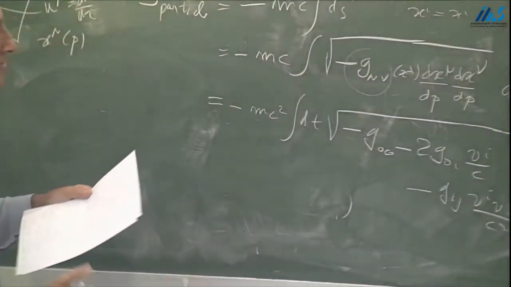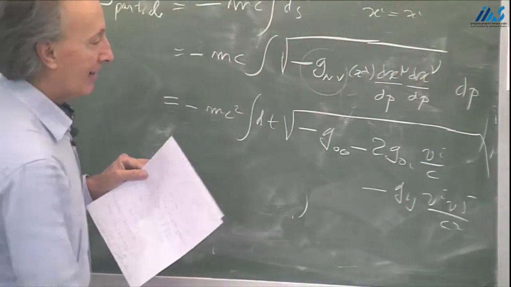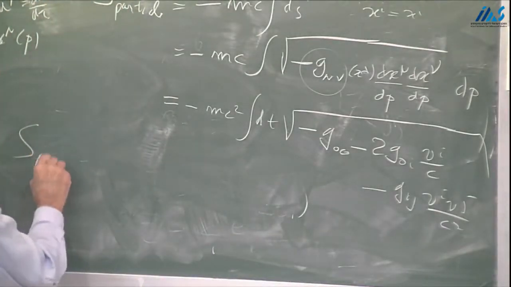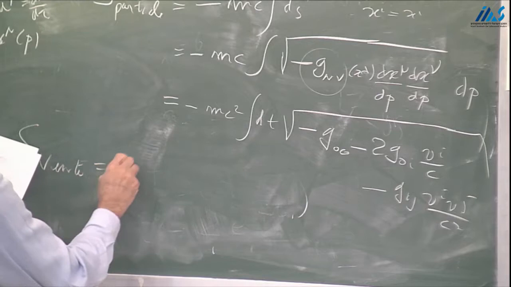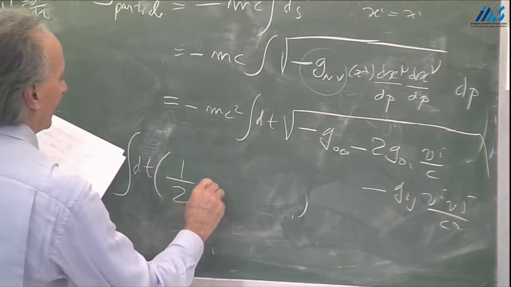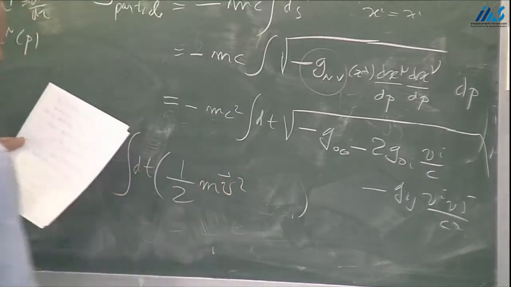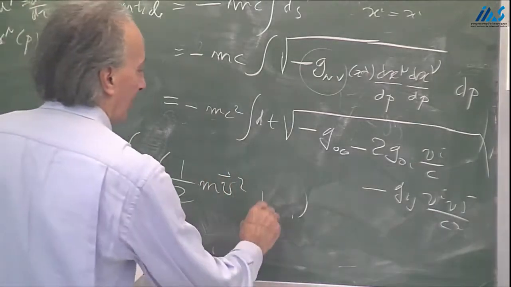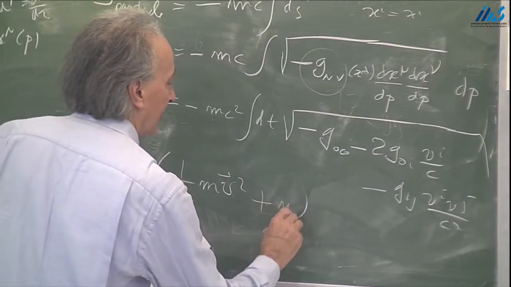Why am I writing this? It is to say that Newtonian gravity follows from the action S_Newton, the integral of dt of the kinetic term, (1/2) m v squared, plus the potential term.